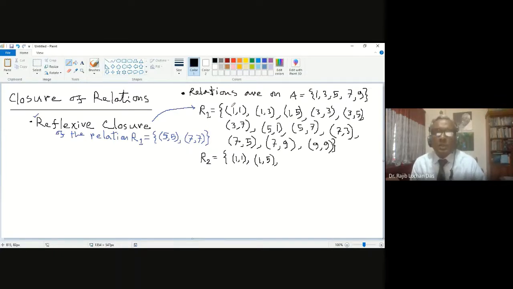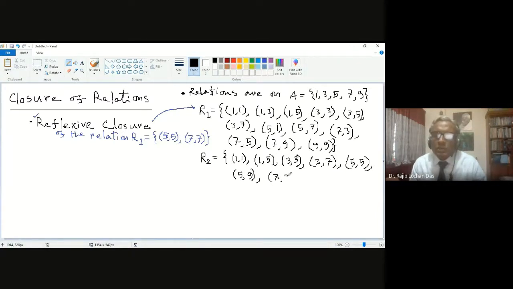So I give another example, R2, and R2 is, say, like this, writing something like this. (5, 5), okay, (5, 5) is already given.